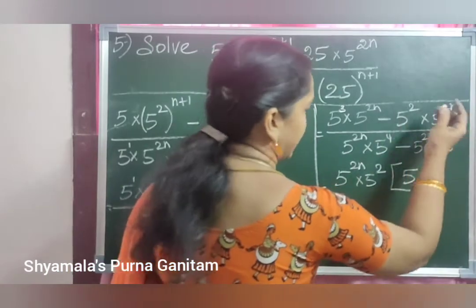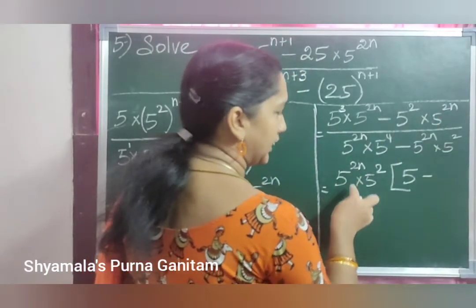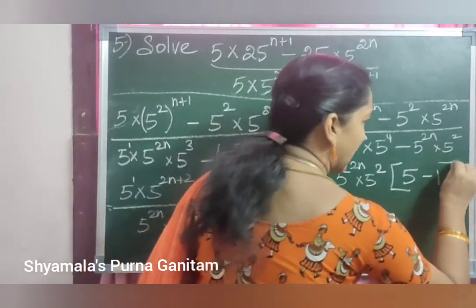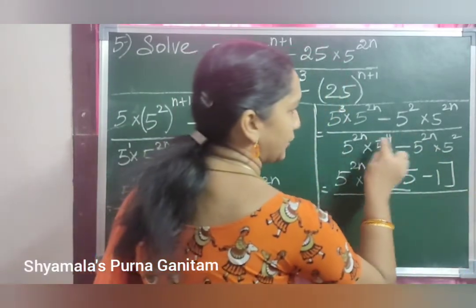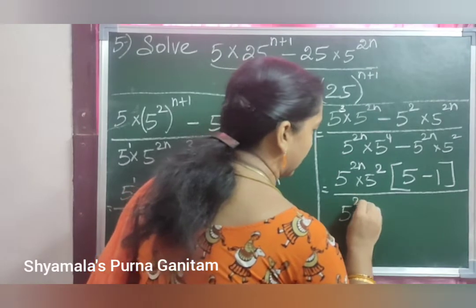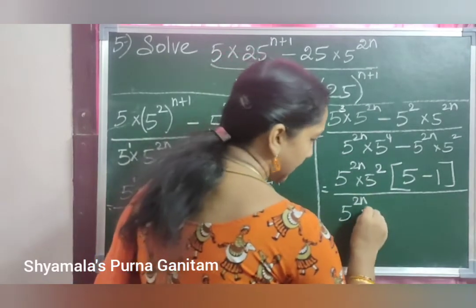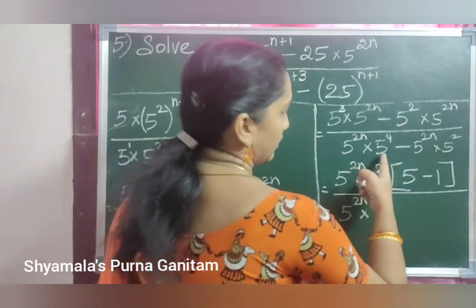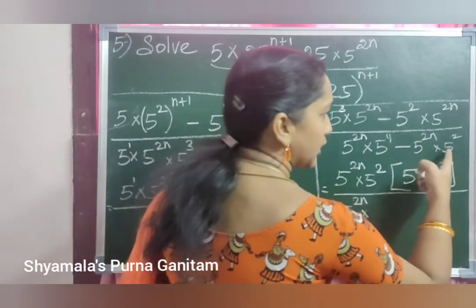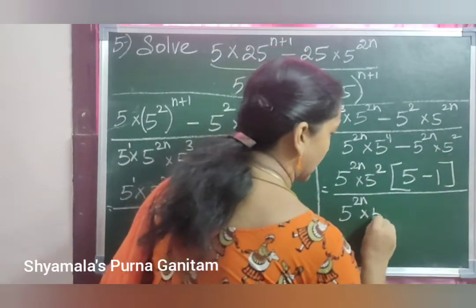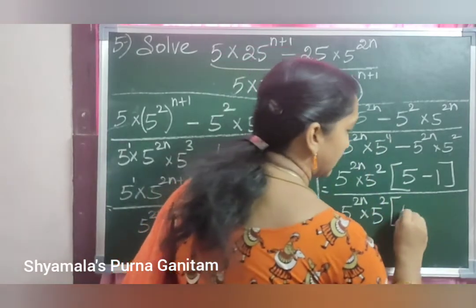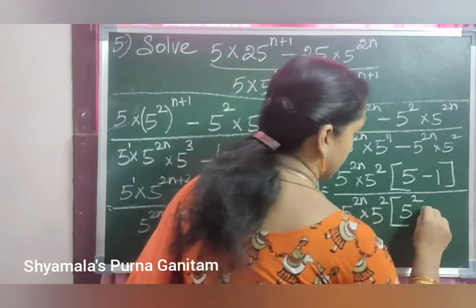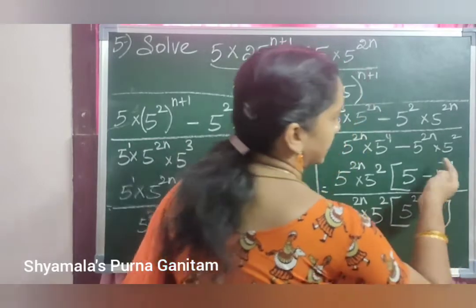Minus, here everything I have taken out, 5 power 2n into 5 power 2, so the balance will be 1. In the denominator, here also 5 power 2n is there, so I am taking it out common, into 5 power 4 and 5 power 2. So 5 power 2 I am taking out, balance will be 5 power 2 minus 1. Here everything is taken out.